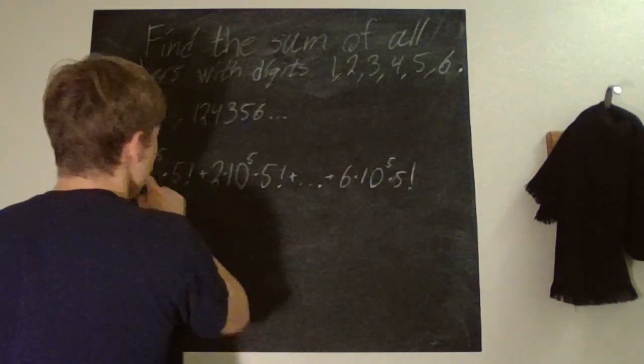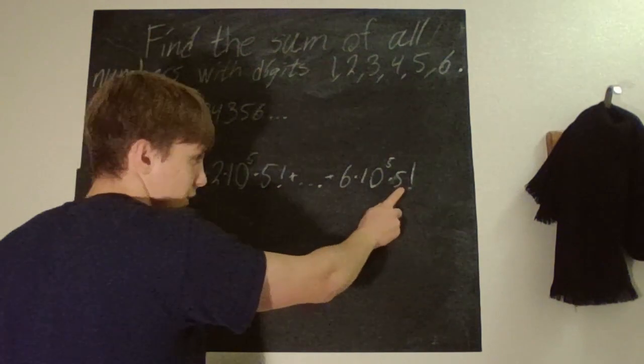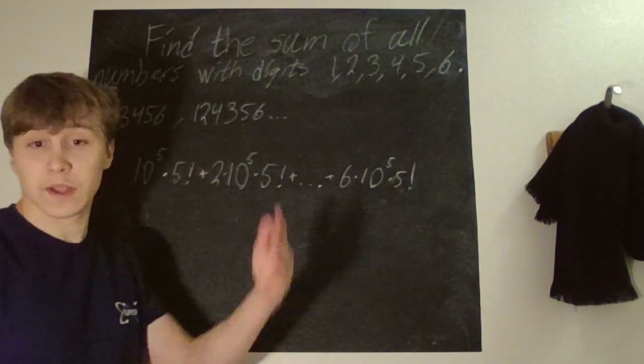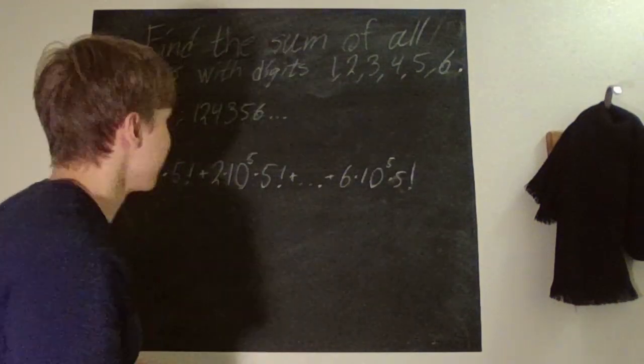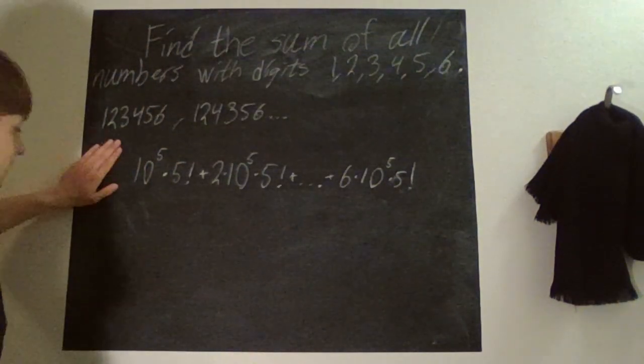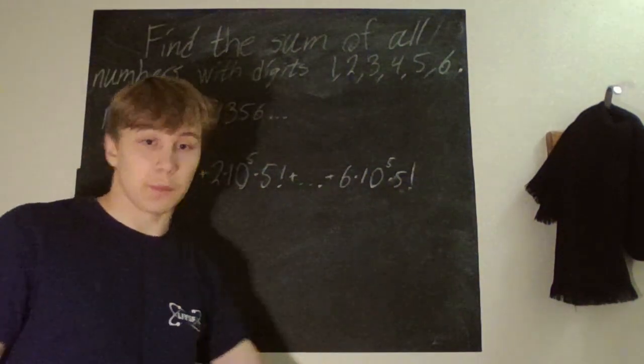We have 6 times 5 factorial. That's 6 factorial, which is how many different combinations you can make. So this is the sum of all the first digits across all the possible combinations.